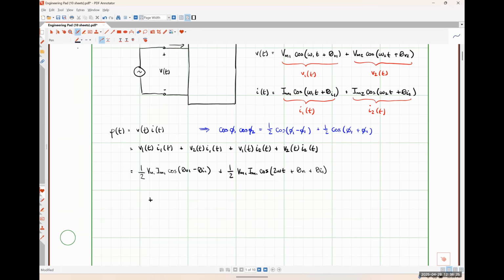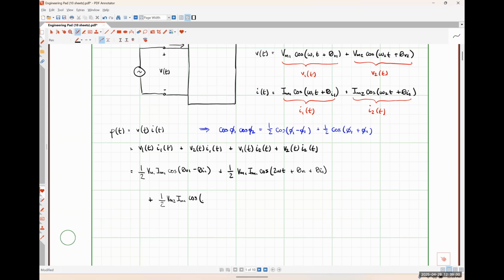All right. So when I multiply v2 times i1, I'm going to wind up with 1/2 Vm2 times Im1. And now I'm going to have cosine of the difference of the angles, okay? So I've got omega 2 t plus theta v2 minus the quantity omega 1 t plus theta i1.